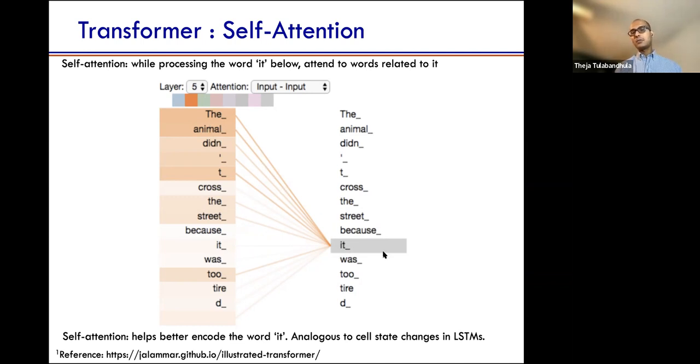So the output vector for "it" is heavily influenced by the vectors related to "the" and "animal". That's very similar to the attention idea that you saw with the encoder-decoder attention. It's basically trying to provide vectors for words which really attend to the appropriate words while getting their representations. So you get a better encoding for the word "it". That's what's going on.